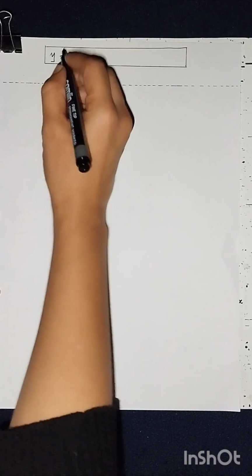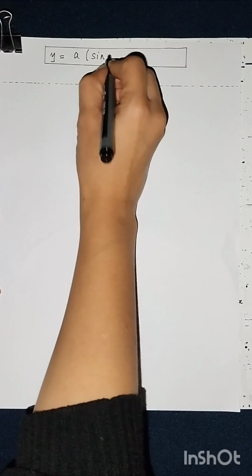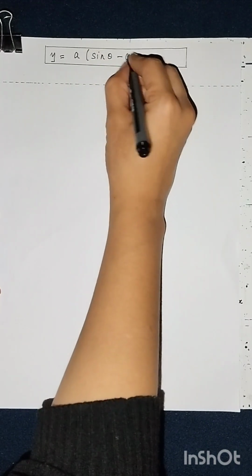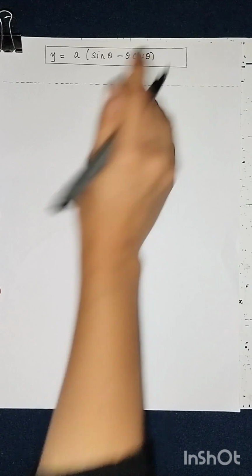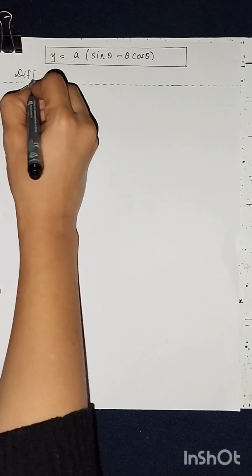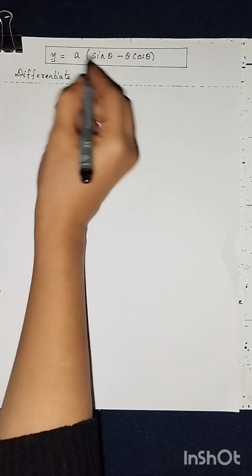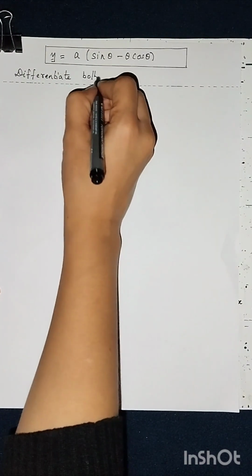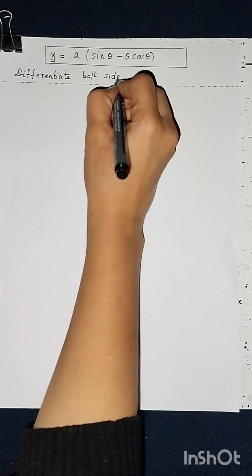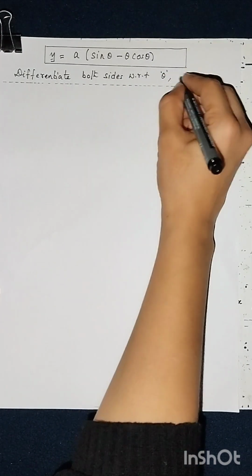For that we will write the equation y is equal to a into sin theta minus theta cos theta. Since we want dy by d theta, we have to differentiate both sides with respect to theta.